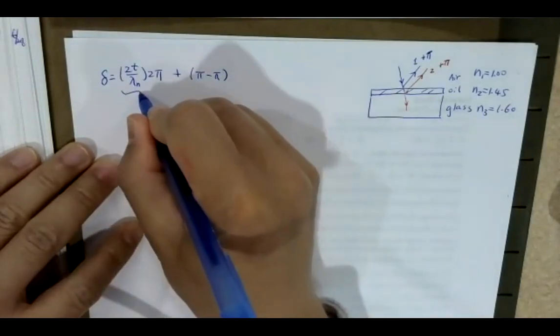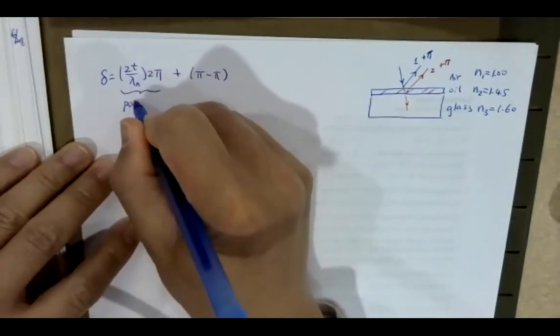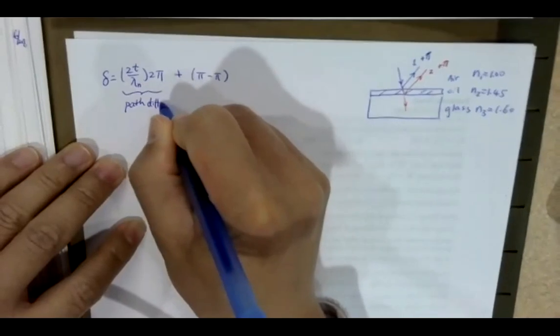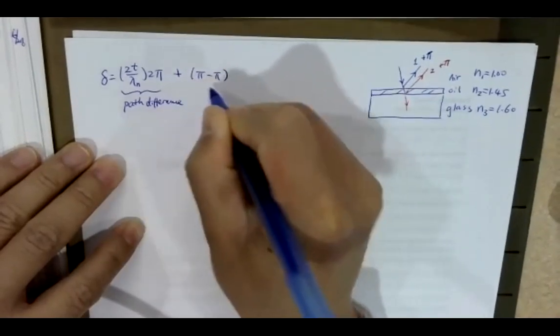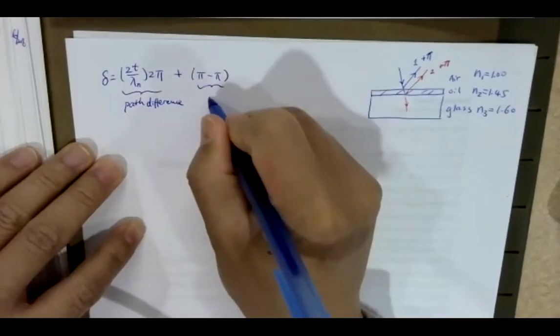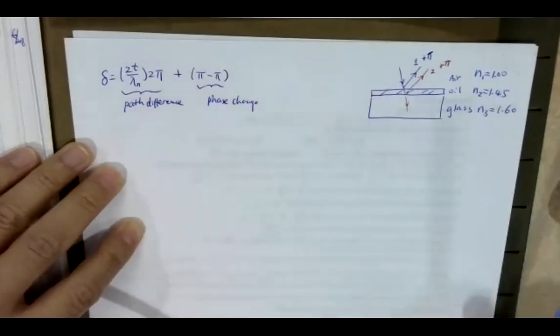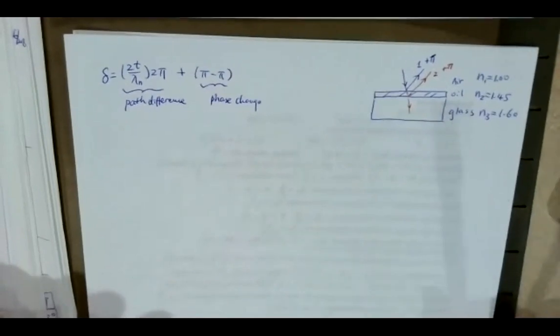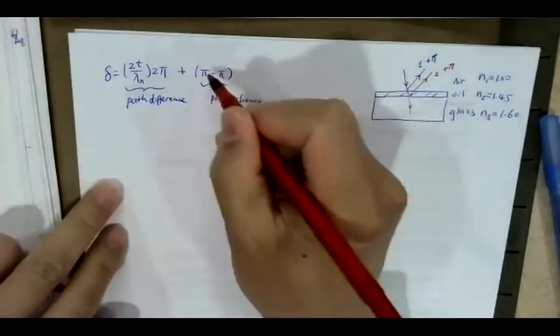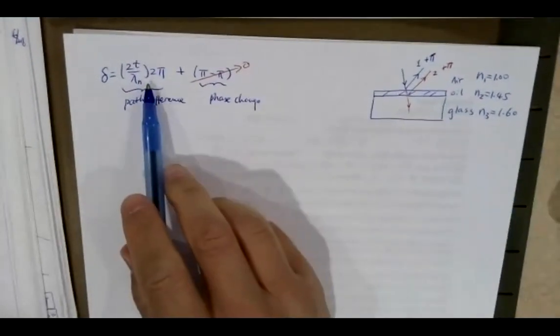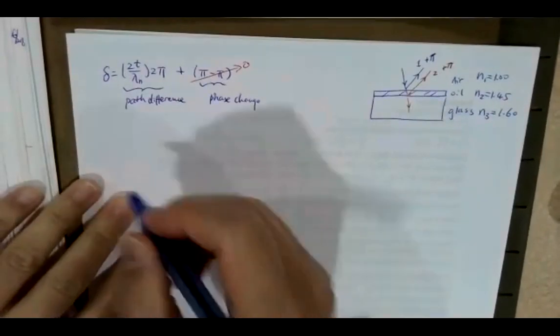This part is due to the path difference, and this part is due to the phase change of the two reflected rays, so that goes away. You only have to focus on the path difference part.